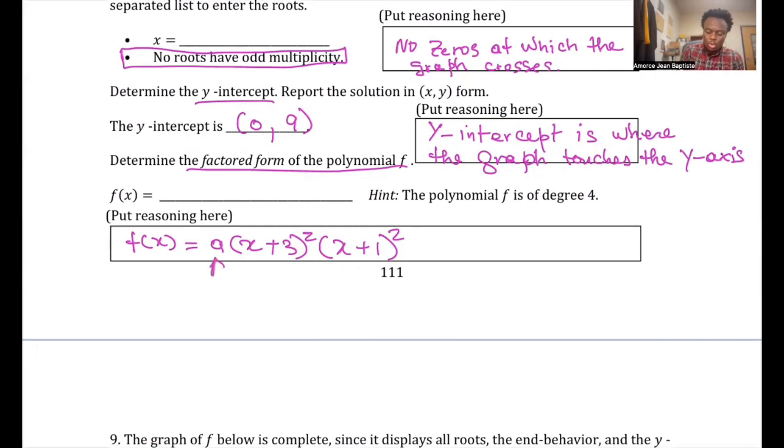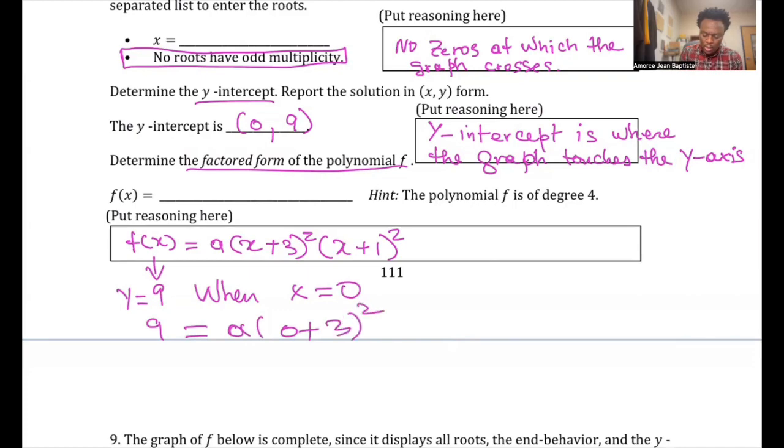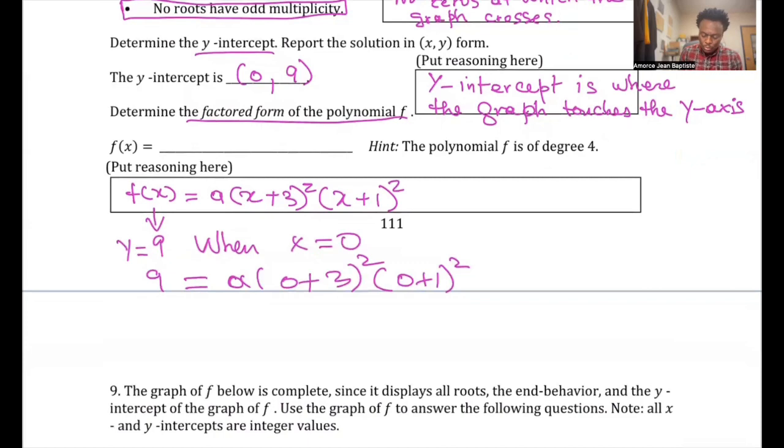So we're going to just try to use the y-intercept so we can find the value of a. So the y-intercept means y equals 9 when x equals 0. So that's 9 equals a times 0 plus 3 squared times 0 plus 1 squared, right?